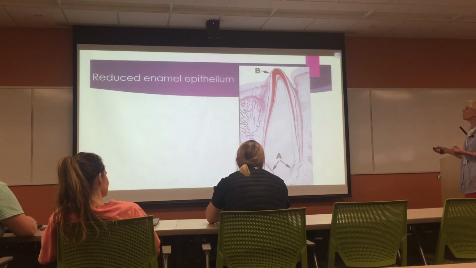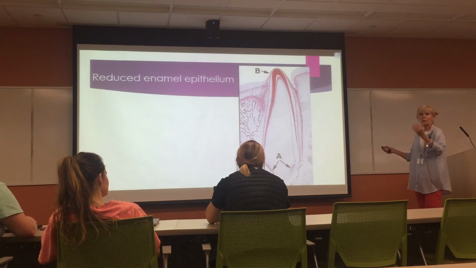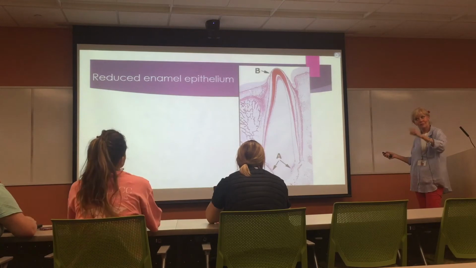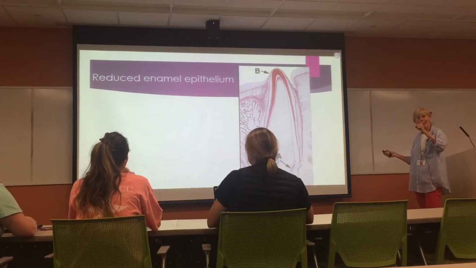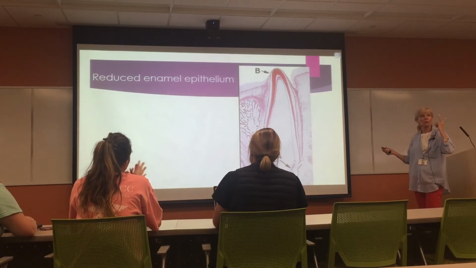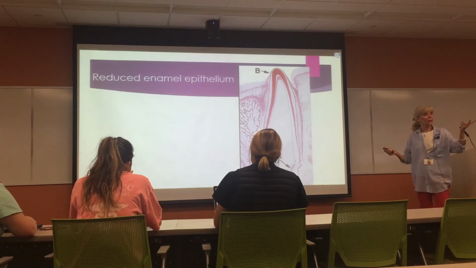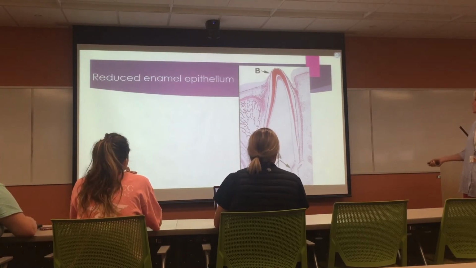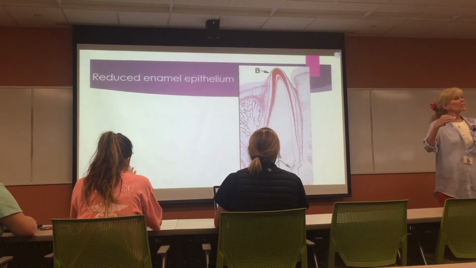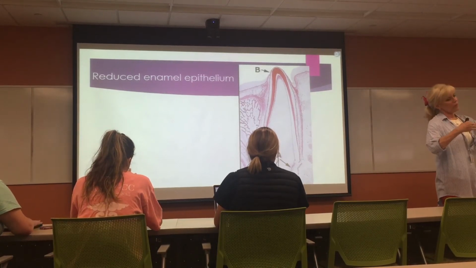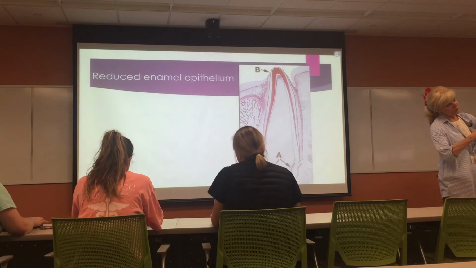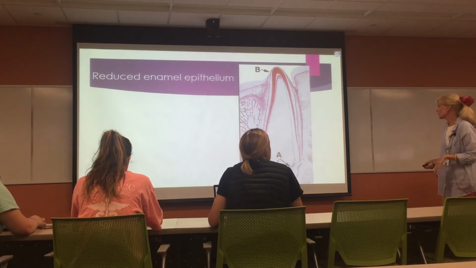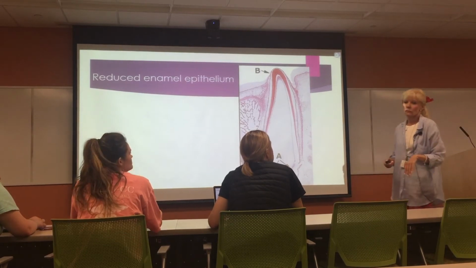So that's a reduced enamel epithelium. What does the reduced enamel epithelium form as the tooth erupts? Two things. Is it HERS, or is it epithelial diaphragm? Sometimes it's considered epithelial diaphragm as it's heading inward. Wait a minute, I thought epithelial diaphragm was only at the base of the root.